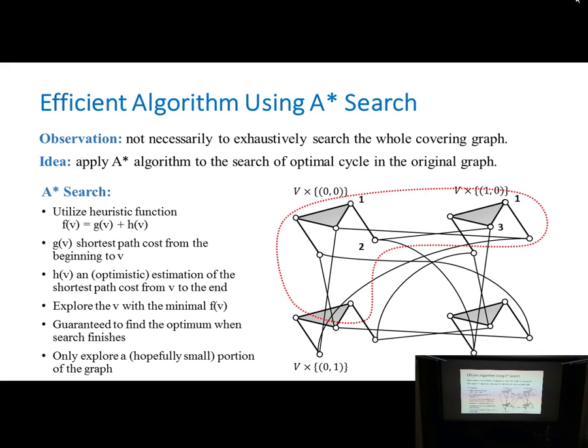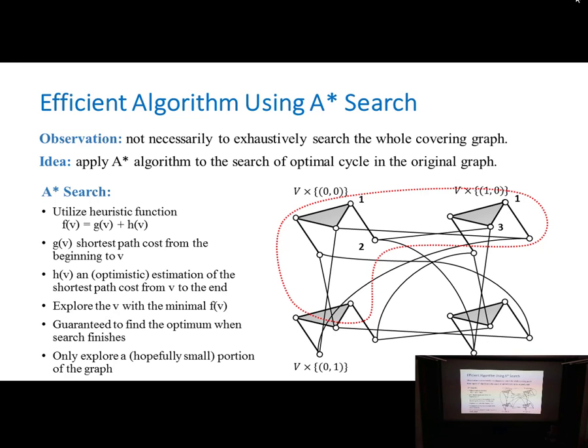Right? And so here are the basic points of this A-star search. You need a certain heuristic function. This f of any vertex v in the current graph is the sum of g of v and h of v. G of v is the actual shortest path from this particular vertex to the source, to the starting point, which you already know. And then h of v is an optimistic estimation of how far you are from the destination.